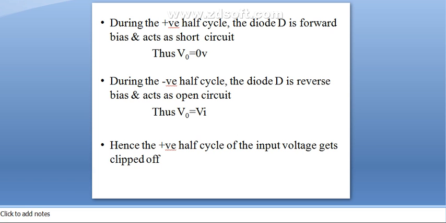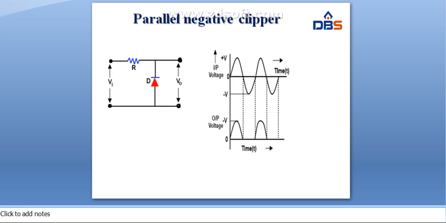The diode acts as an open circuit, so V naught equal to Vi. Here the output follows the input. Hence the positive half cycle of the input voltage gets removed.